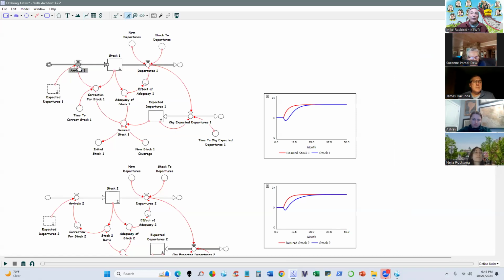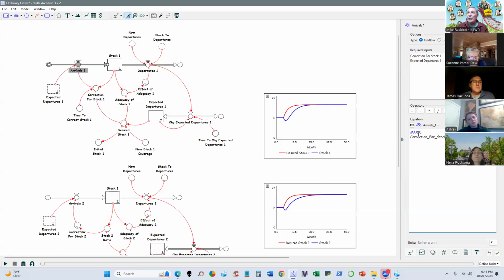But then remember the fix we made when we did that steady state error thing: we want to take the maximum of 0, or the correction for the stock plus replacing what we're losing, or replacing what we expect to lose.